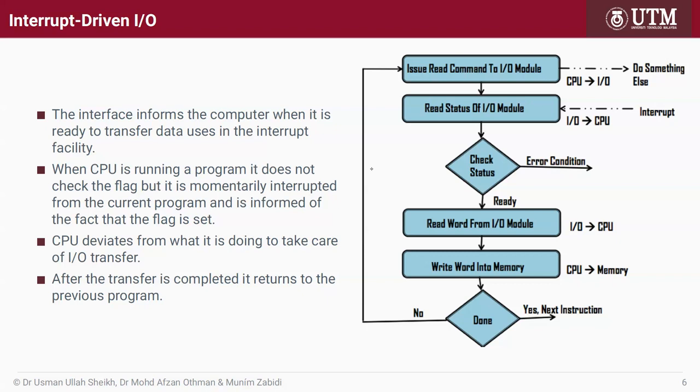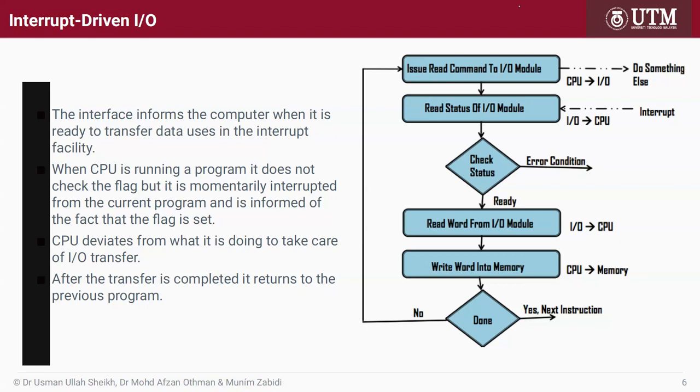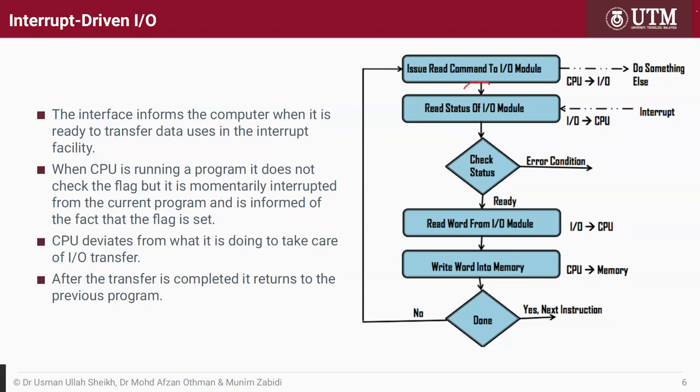Okay, so first you issue the command to the I/O module, and then the CPU can do something else. Between this part, the one that I circled, that is actually nothing to do with the I/O, because the CPU is now busy with something else. This loop is only for the I/O.